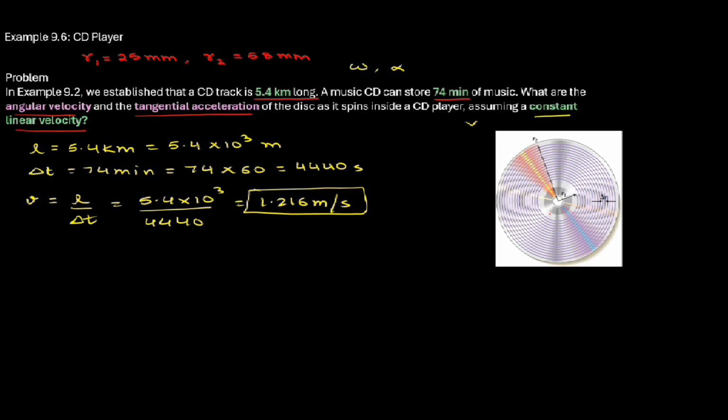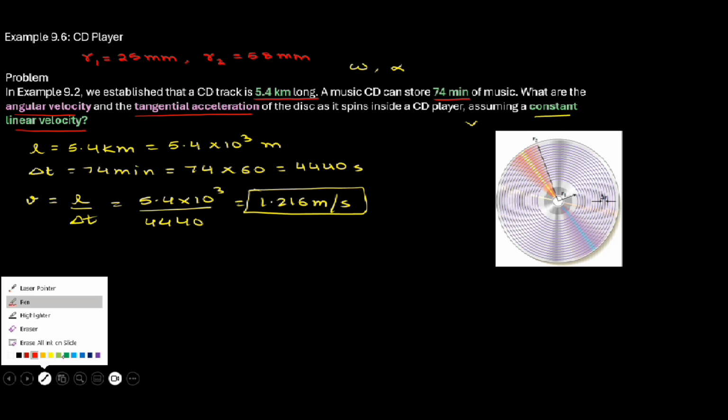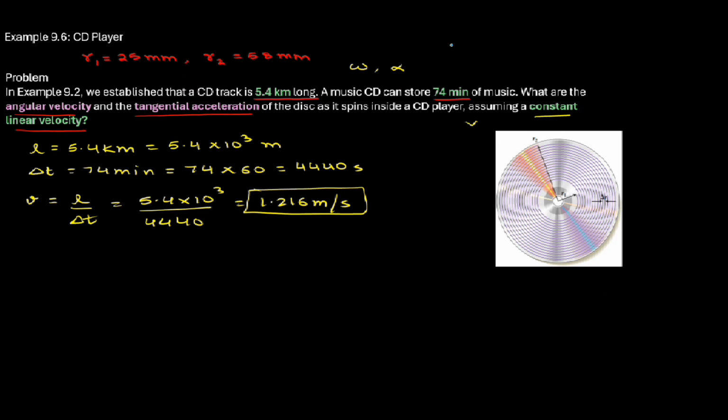We can approximate the spiral track at a particular radius to be almost circular so that we can use the relationship between linear speed and angular speed. So if I want to find the angular velocity omega, I'm going to use the relationship between them. We know that v is equal to r times omega. So I can calculate omega by dividing v with r.